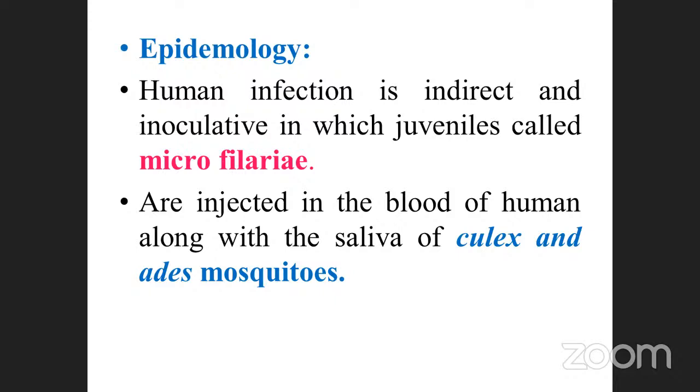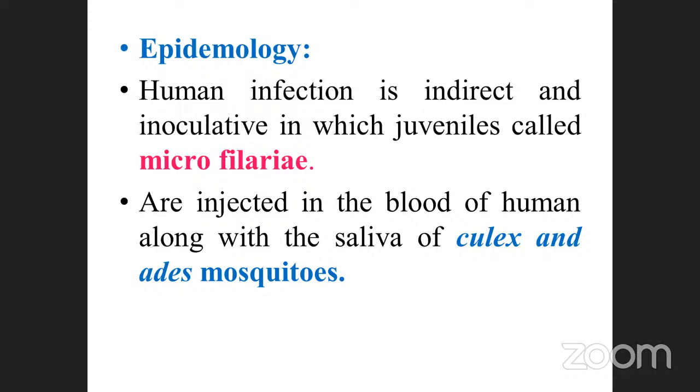All the worm-related diseases are produced only by mosquitoes. One is the malarial parasite, Plasmodium, carried by the female Anopheles mosquito. But in this category, the female Culex and female Aedes mosquito. The Aedes we already know from chikungunya.